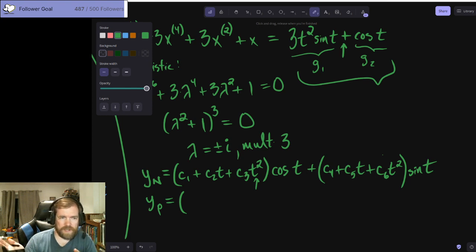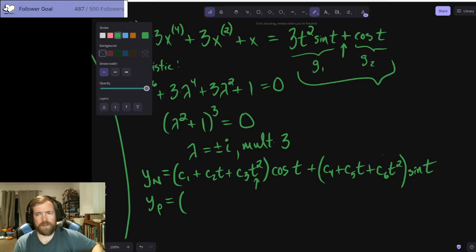In theory, we could take as many derivatives as we want on the sine and cosine and keep looping around and leave the t squared where it is. So it could be that term. Obviously it is that term that's here, but we don't know which one it comes from. Does it come from a t squared times sine or a t squared times cosine? So yeah, we don't know.